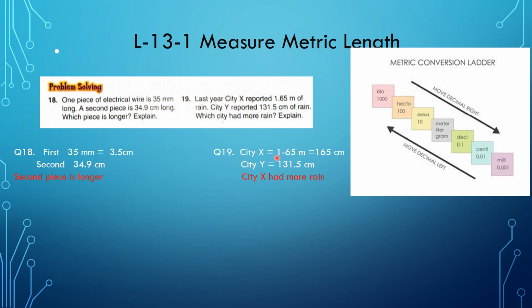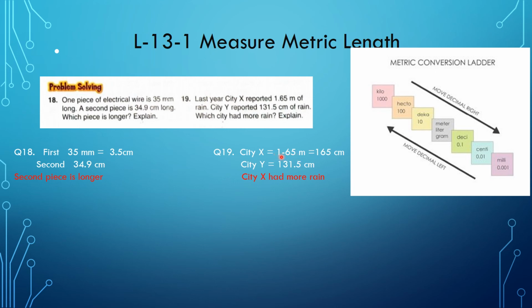And in the question number 2, last year city X reported 1.65 meter of rain and city Y reported 131.5 centimeter of rain. Which city had more rain? Then in this one again here is meter and centimeter. Convert this into the centimeter. Then you can compare.